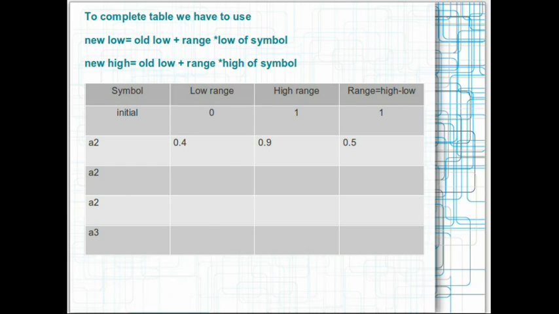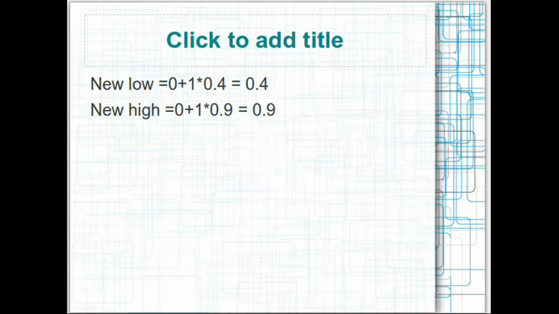So the old low value is nothing but the value of low range from the previous row, and the range is also the value of range from the previous row, which is 0.5. So like this way we take the values. Okay, so I again do the calculation for you.